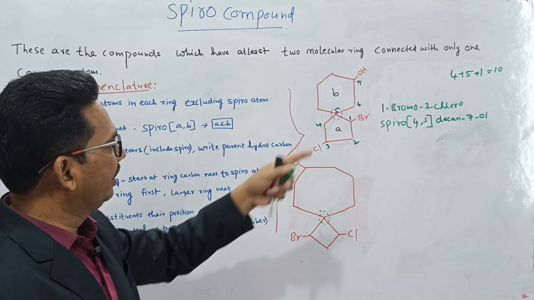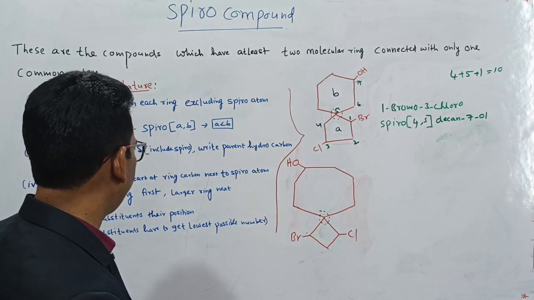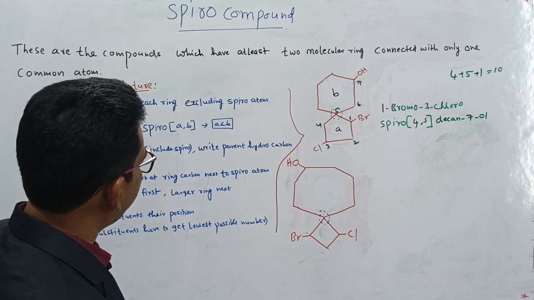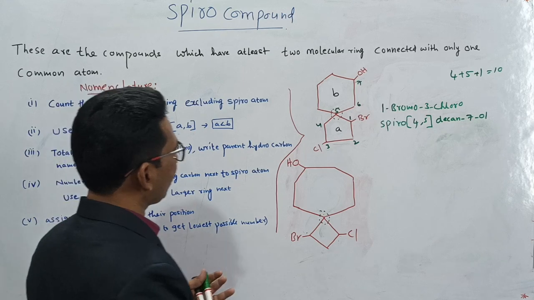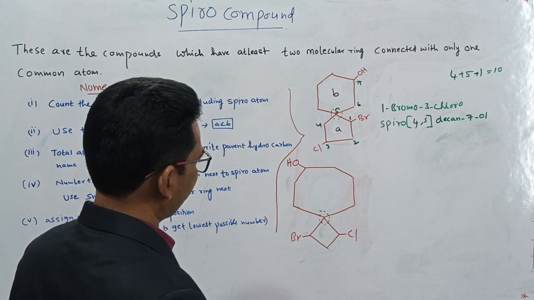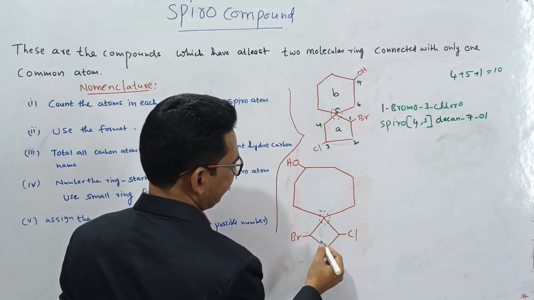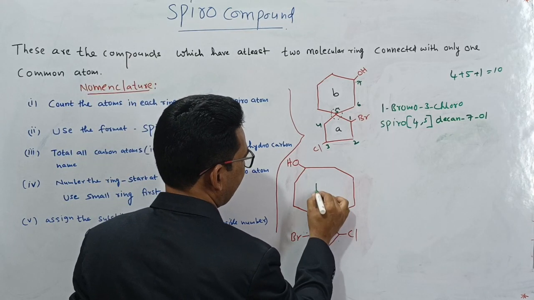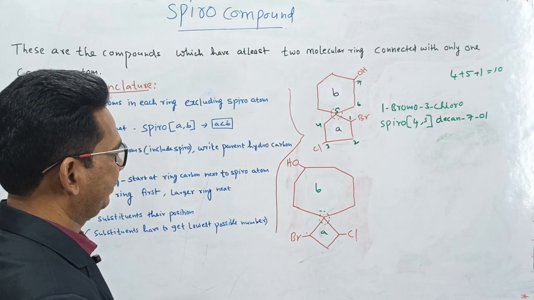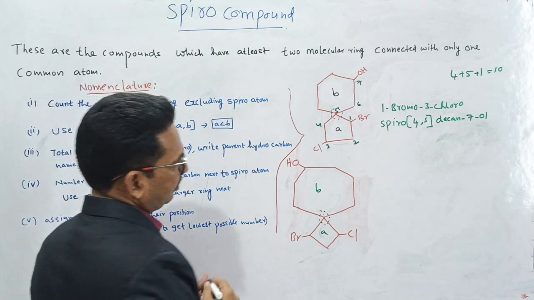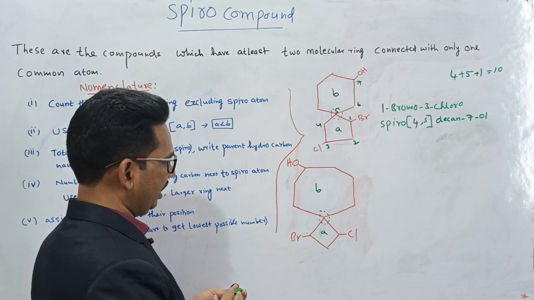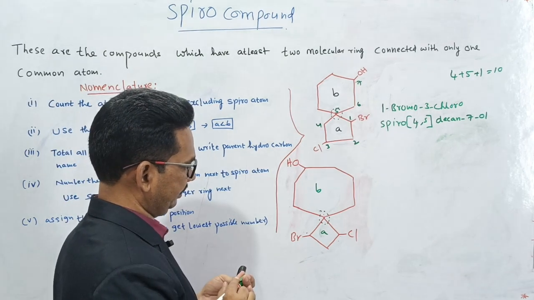I hope you understand how to give the numbering for this. Then next, see, in this case, first what I told: what should we do? Just decide which is the smaller and which is the larger ring. Then next, give the numbering.